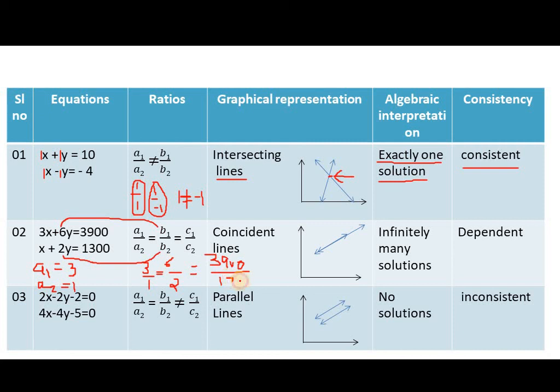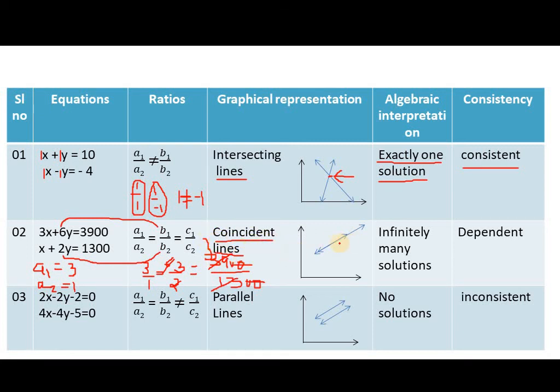Here 6 by 2 is 3, and cancelling the zeros, 3900 by 1300 is 39 by 13, which is 3. So a1 by a2 is 3, b1 by b2 is 3, and c1 by c2 is also 3. Therefore, the lines are said to be coincident lines.